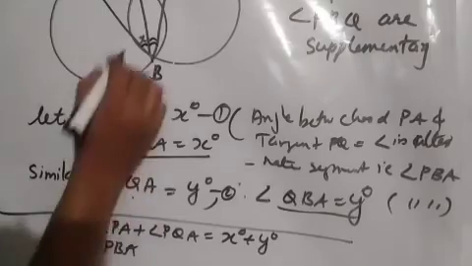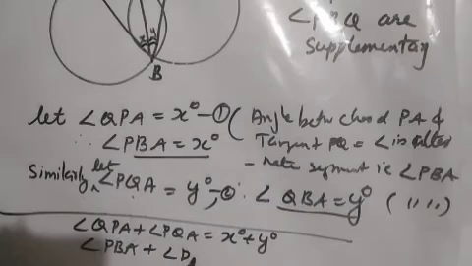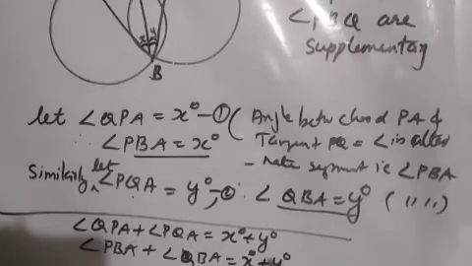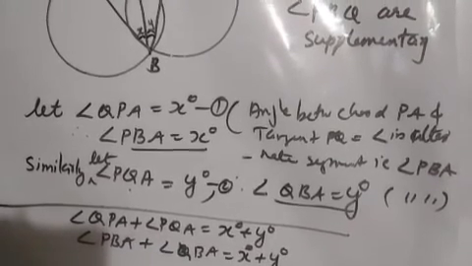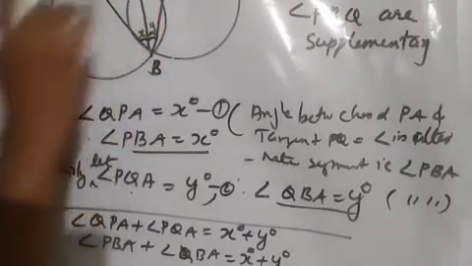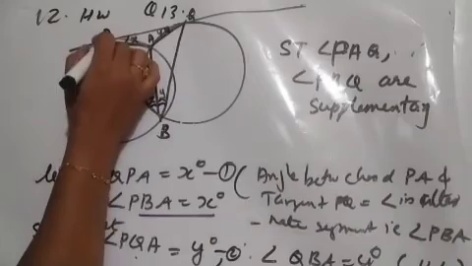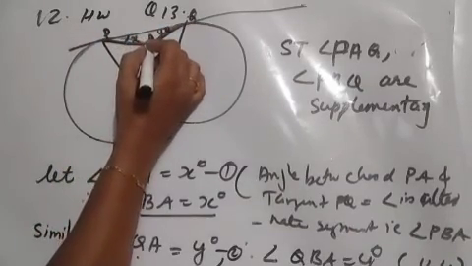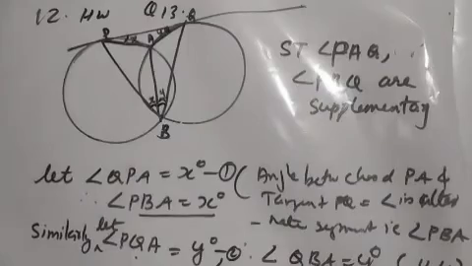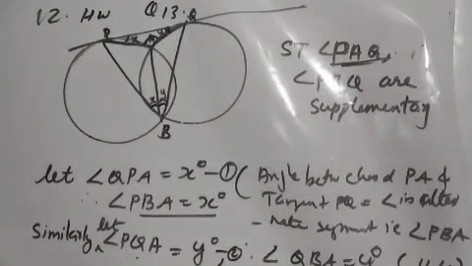Sum of these two, angle PBA plus angle QBA, that is also x plus y. Same sum we obtained, okay? So from this, we need PAQ and PBQ. Look at the triangle. We have considered PQA, also AQP, both. But we need the third angle, PAQ. Look at this PAQ, the third angle of the triangle. How can we obtain the third angle of the triangle if we know the two angles?